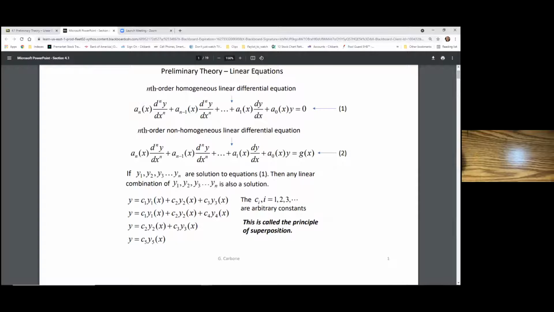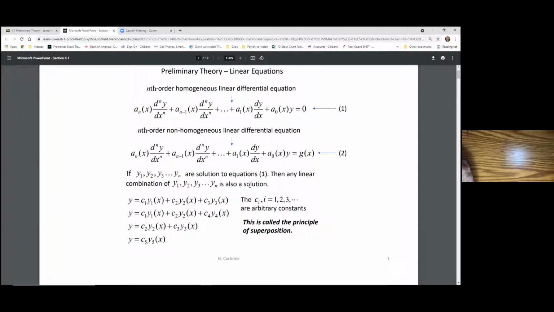Now, the basic idea here is that we can add solutions together, and we can add solutions together with any constants in front of them. That's the basic concept. And so if we have solutions, say y1, y2, y3, up to yn, where we have an nth order differential equation, then any linear combination is also a solution.